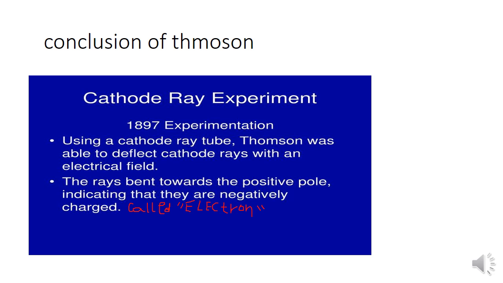Byahise bigaragaza ko cathode rays ifite negative charges. This is the experiment used to discover electron. You know, electron has a negative charge.